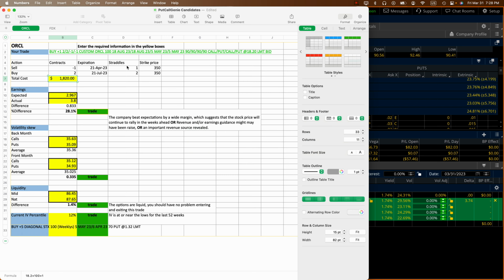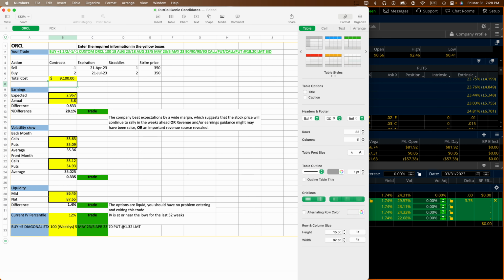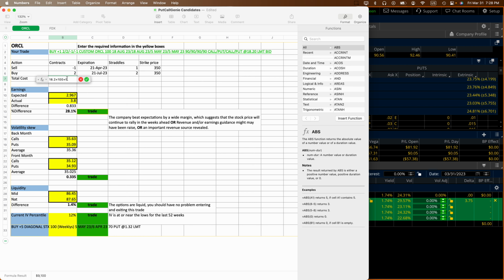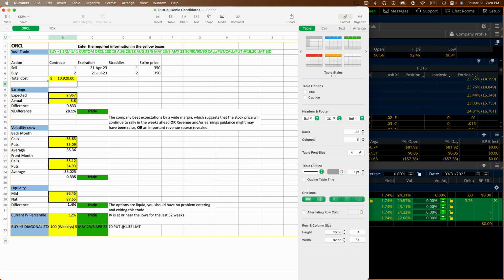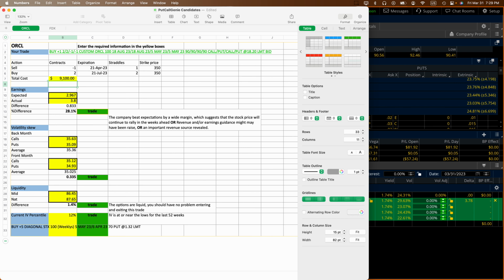So I'm going to do this, multiply it, let's say by 5. That's good. How about 6? That's too much. It's more than 10,000. That's more than 10% of my account. So I'm going to put 5. Okay.